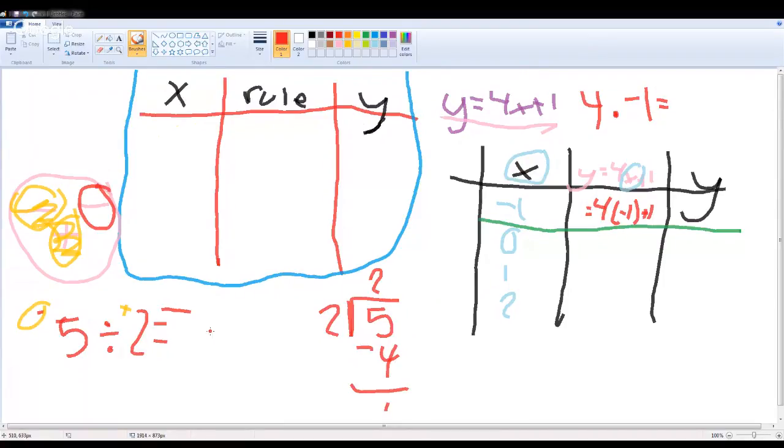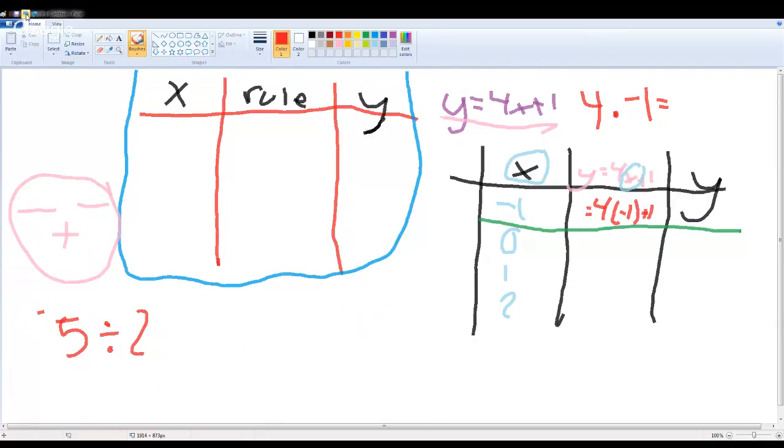We're just going to put this as a fraction because I don't feel like putting this as a decimal. It's 2.5. Negative 2.5, I'm sorry. Anyway, that's how you do it.